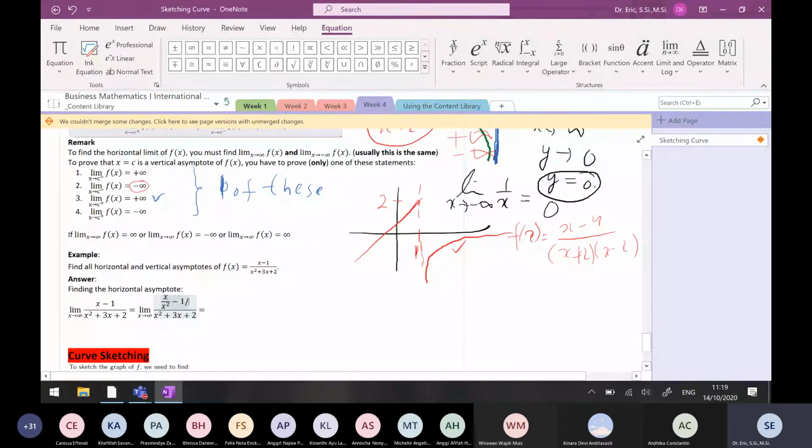So you have this one, divided by x squared, and x squared, and 1 over x squared. You know x divided by x squared is 1 over x, and 1 over x, when x goes to infinity, will give you 0.